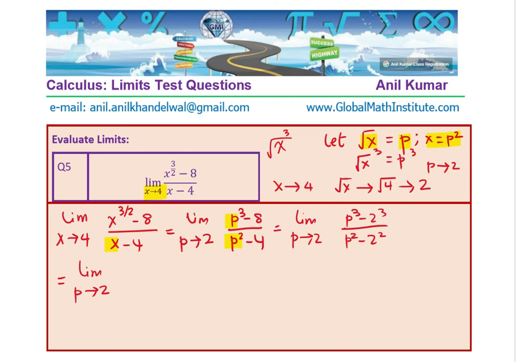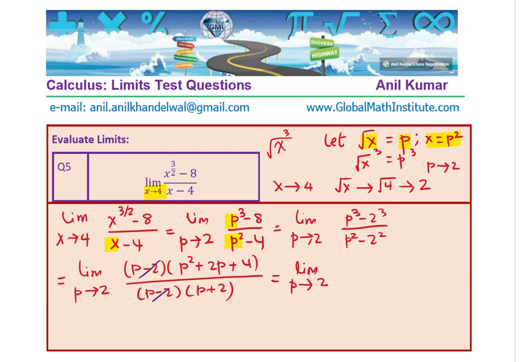See how the limit also changed. And let's factor this. p minus 2 times p squared plus 2p plus 4 divided by p minus 2 times p plus 2. You can now cancel p minus 2 and p minus 2, giving you limit p approaches 2, p squared plus 2p plus 4 over p plus 2.